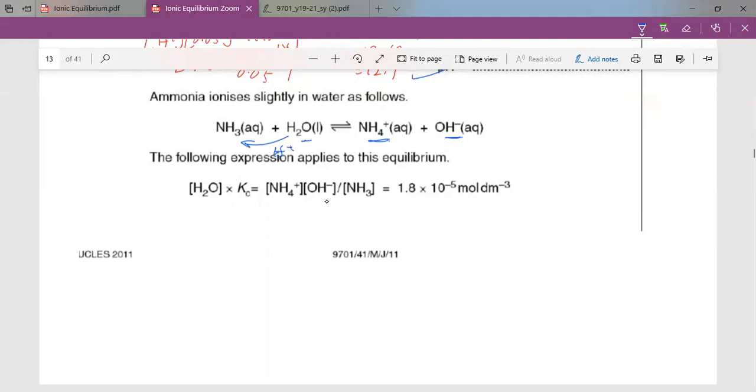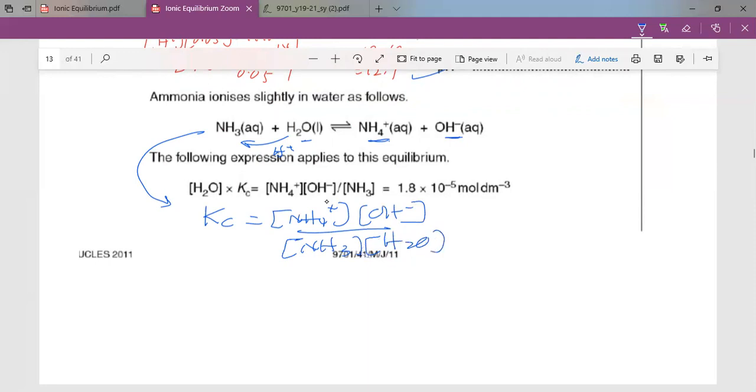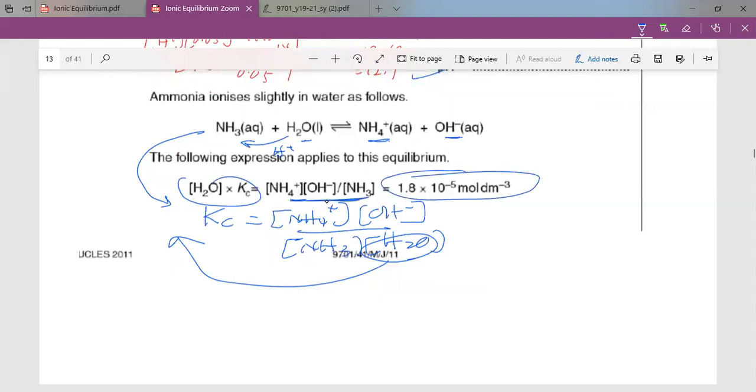Kc is equal to NH4 plus and your OH minus over your ammonia, if you want to put in H2O, you bring your H2O up here, all right? Remember this, if this is X, this is also X here, this is important. Same ratio here, right? So this and this are equal.